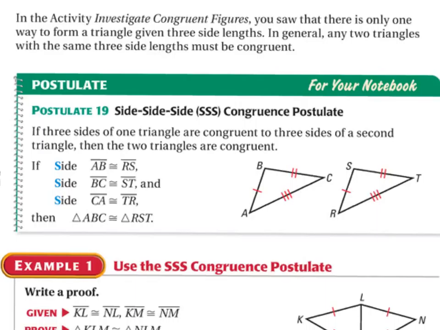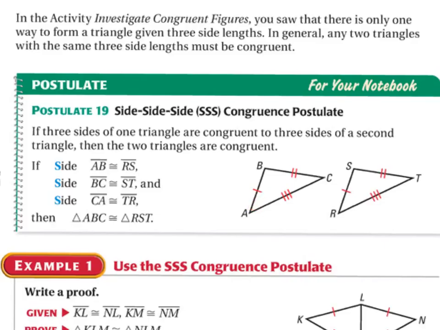For side, side, side, it essentially means that if you have a side congruent to another side, and a second side congruent to the second side, and our third side congruent to the third side, then we also know that the two triangles are going to be congruent. By knowing those sides, we also know that the angles involved are going to be congruent.